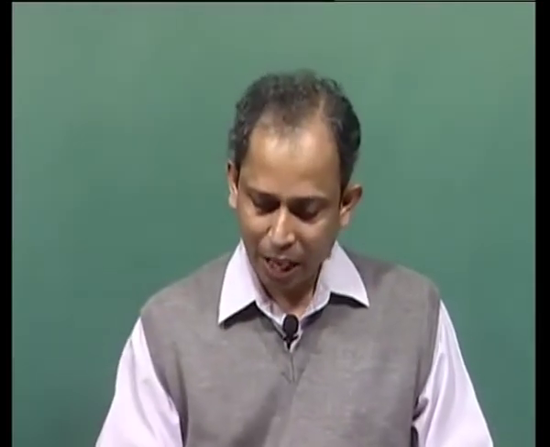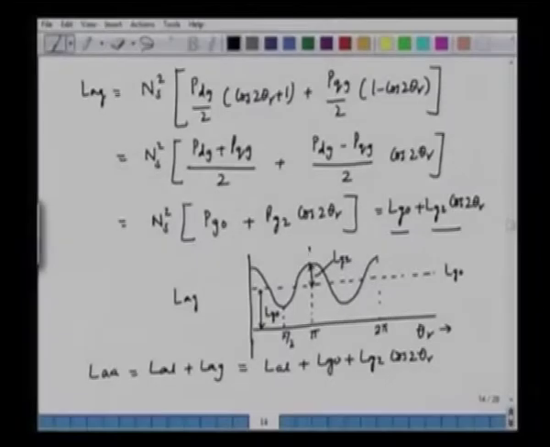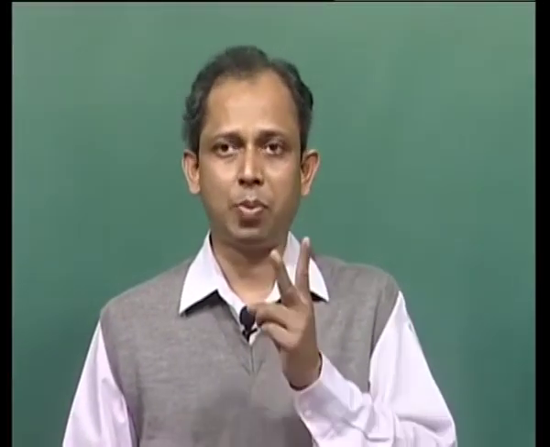When it is seeing the D axis, the inductance is maximum, and that is Lg0 plus Lg2, and this inductance is corresponding to the Q axis inductance, that is Lg0 minus Lg2. So the D axis inductance is Lg0 plus Lg2 and the Q axis inductance is Lg0 minus Lg2.